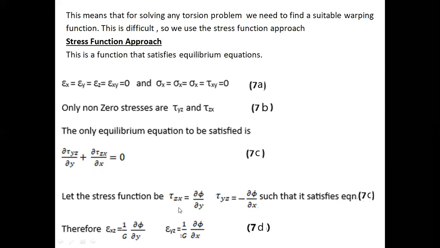So these are the two stresses in terms of the stress function, and the stress function is phi. Therefore, we can say that epsilon xz is 1 by G del phi by del y, and epsilon yz is equal to minus 1 by G del phi by del x. Isn't it?